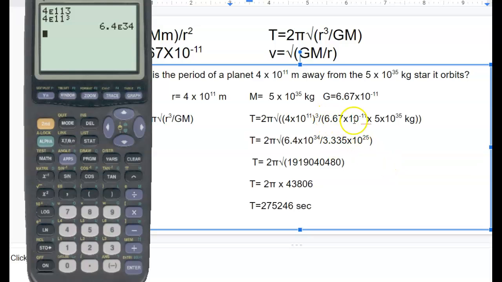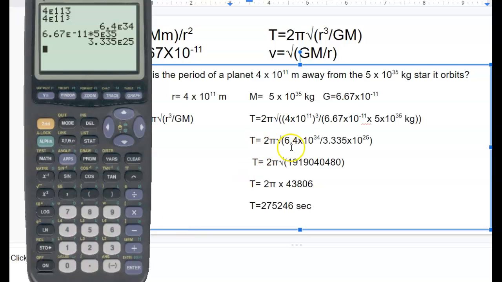Now I'm going to multiply 6.67 times 10 to the negative 11th times 5 times 10 to the 35th. And I get 3.335 times 10 to the 25th there.